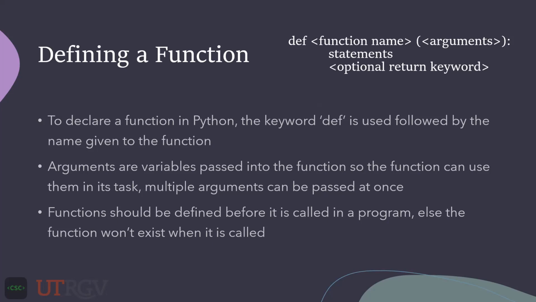So if you have some function with arguments X, Y, and Z, there's no real telling what they could be. It could be ints, doubles, floats, strings.